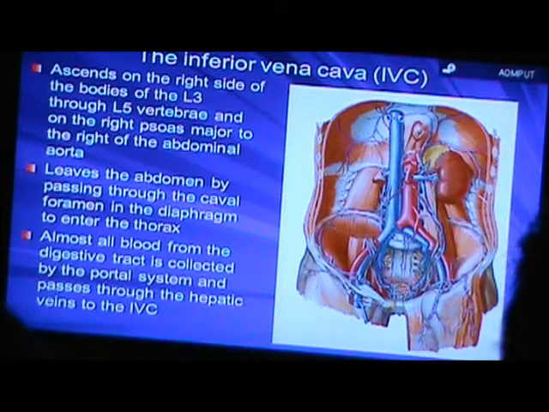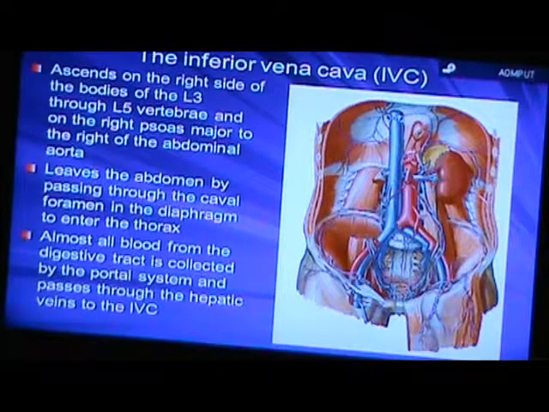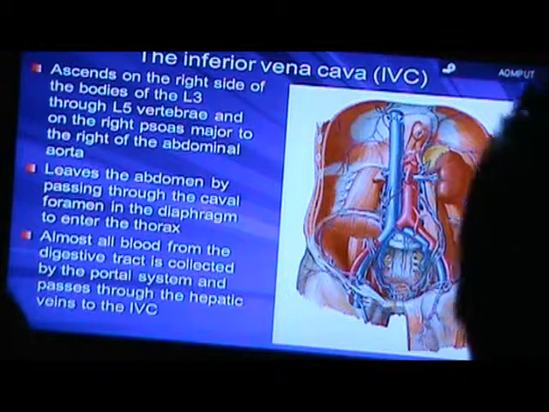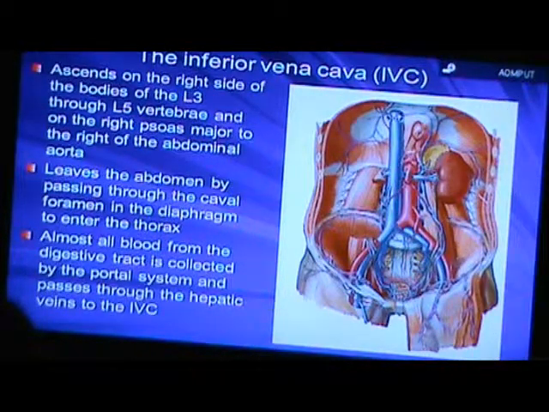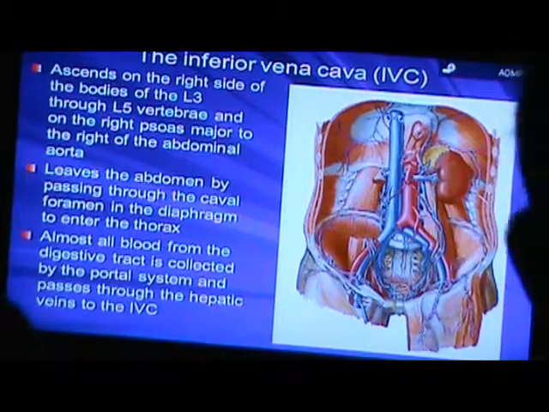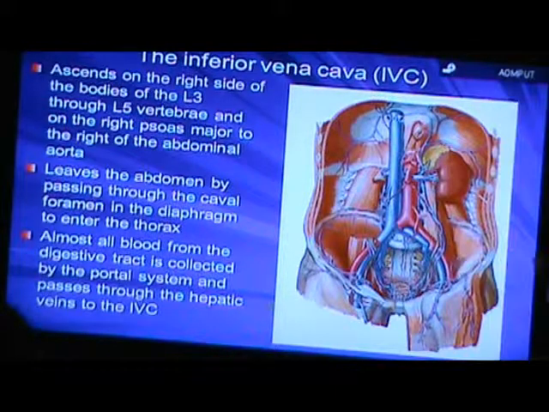The inferior vena cava ascends on the right side of the bodies of the L3 through L5 vertebrae and on the right psoas major muscle, to the right of the abdominal aorta, as I've told you. It leaves the abdomen by passing through the caval foramen in the central tendon, you remember, enters the thorax and enters the right atrium.